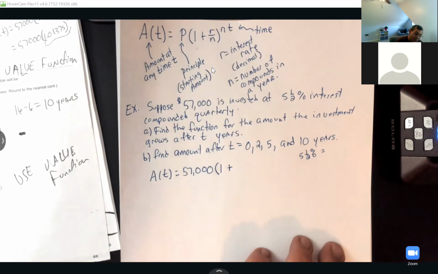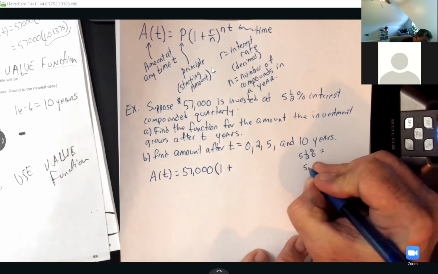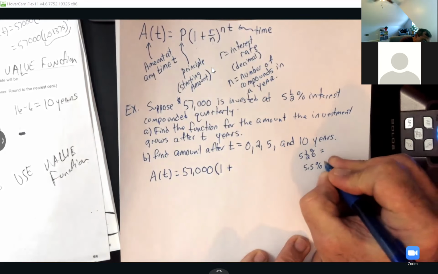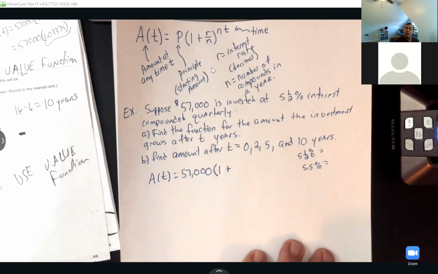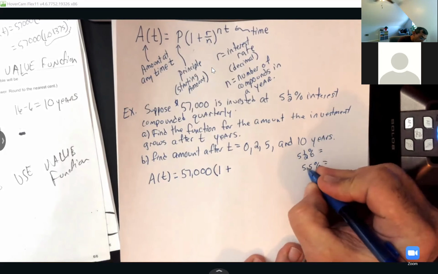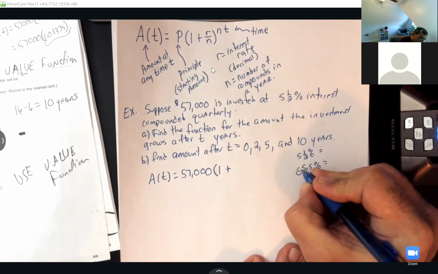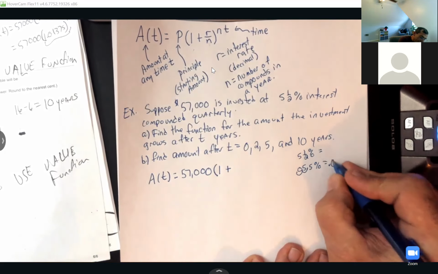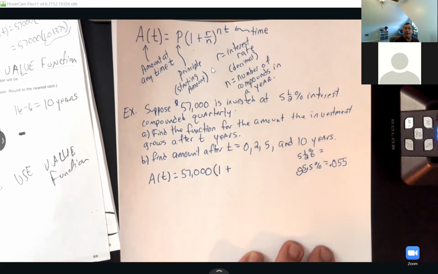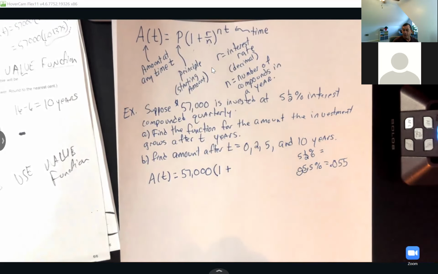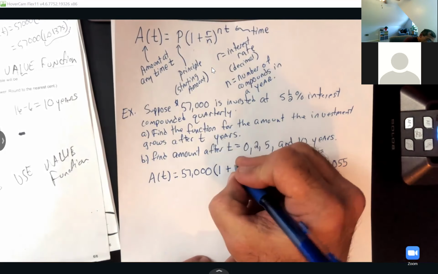So this is basically 5.5%. So to get rid of the percent sign, I'm going to move it left twice. So that's going to give me a 0.055. Okay.